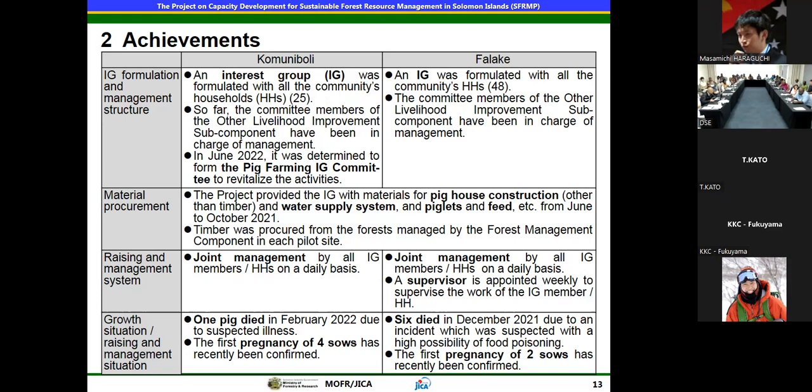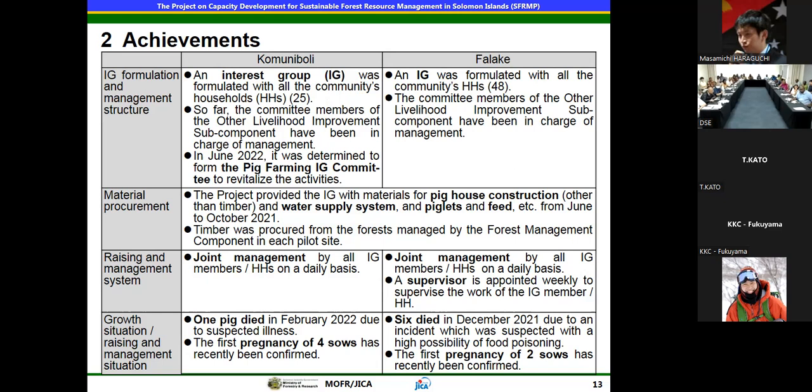So far, the committee members of the other livelihood improvement subcomponent have been in charge of managing the activity. And for Falake, an IG was formulated with all the community households, there are 48, and the committee members of the other livelihood improvement activities are in charge of managing the activities.